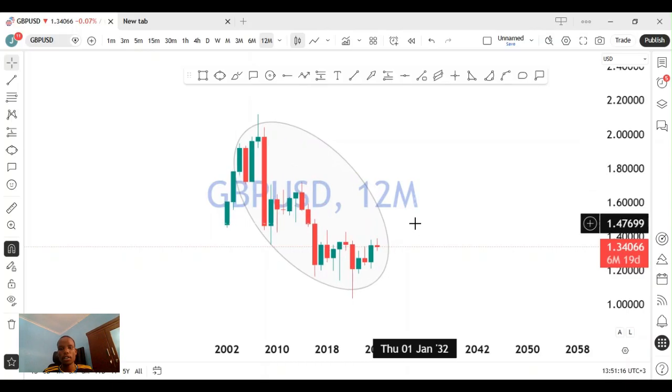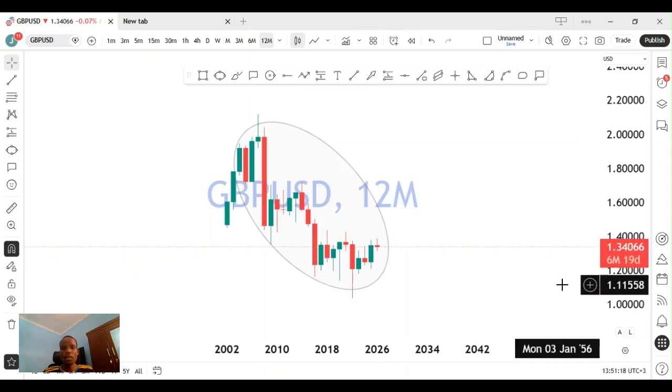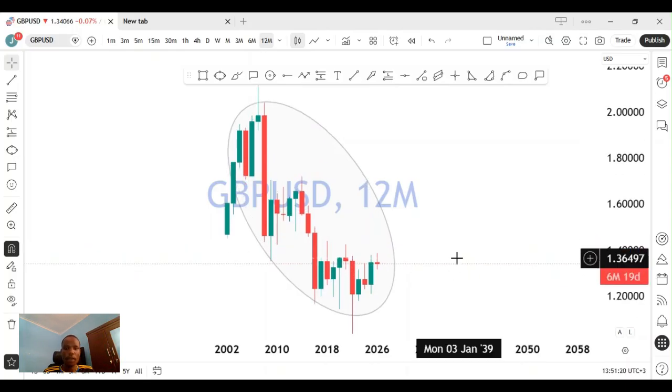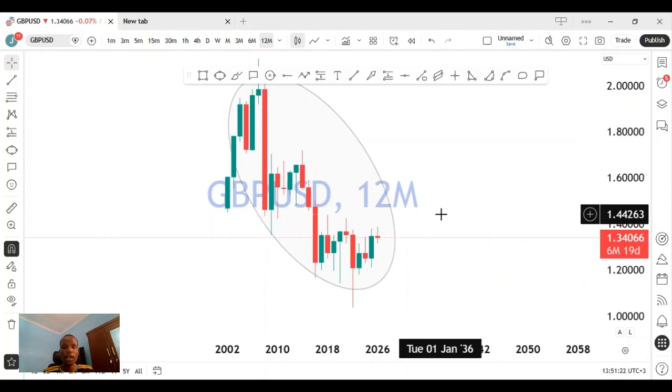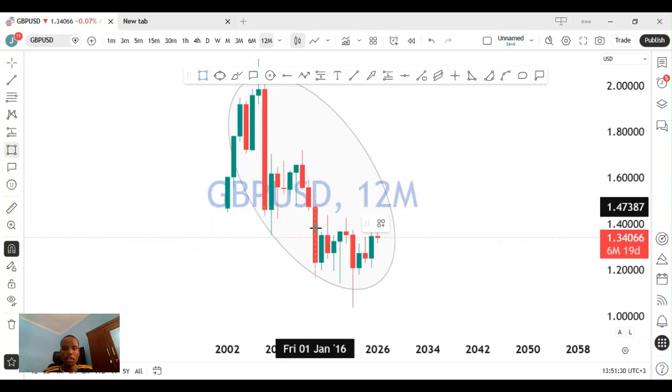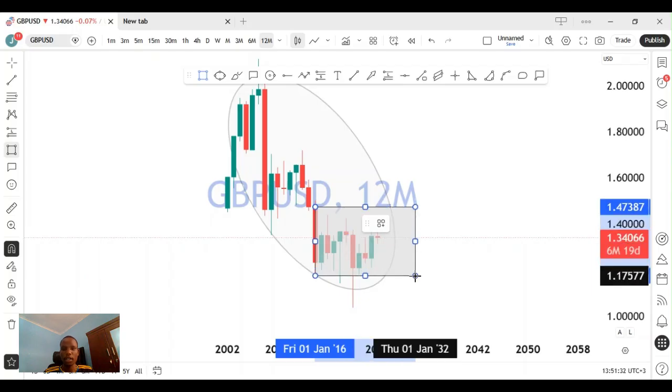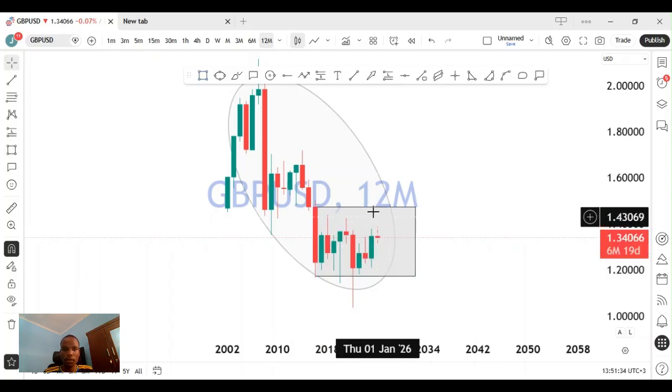So after knowing that the market is in a downtrend, we have to know exactly where our candlestick of this year is. And we saw that the candle we are in is in this consolidation area. This is another point you have to know.